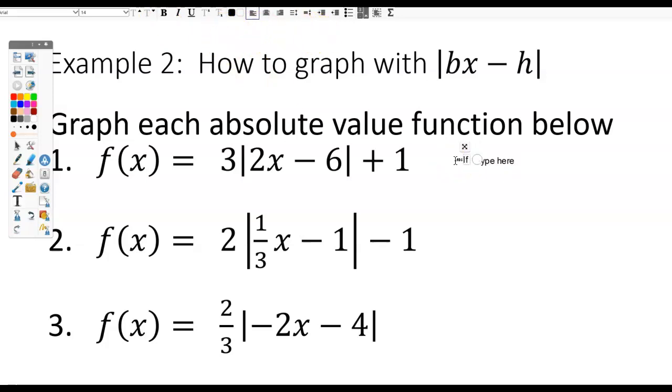So if there is a number in front of x in the absolute value bars, we need to do the following things. Factor it out.